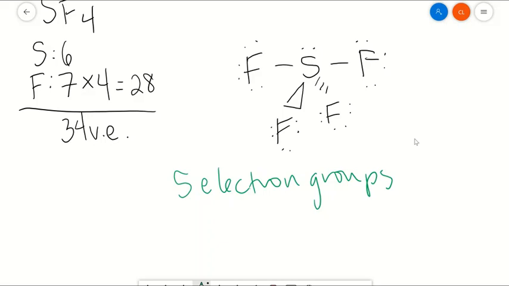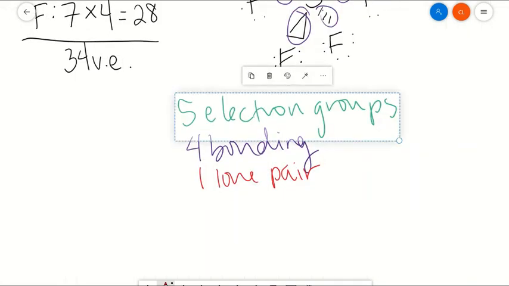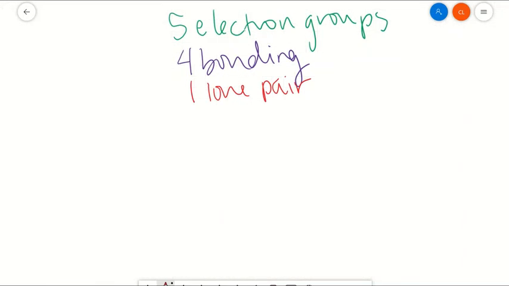So how many of these are bonding? We have 4 bonding. And let's check out those lone pairs, 1 lone pair. So then you can take a look at your shapes.